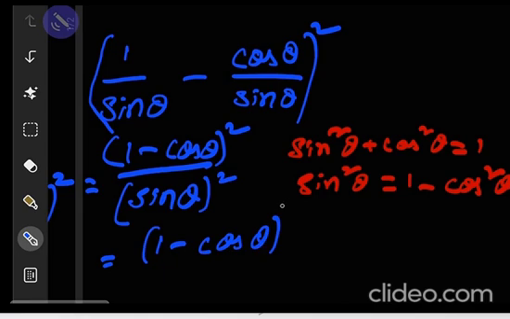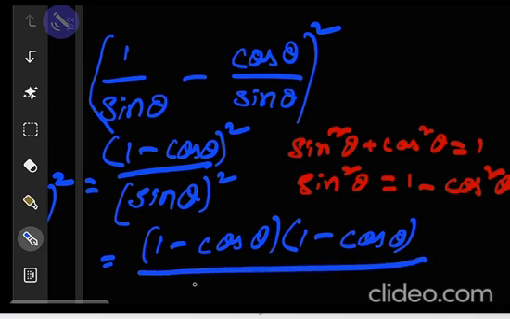So instead of writing whole square, I will write it two times: 1 minus cos theta into 1 minus cos theta, whole divided by 1 minus cos square theta.